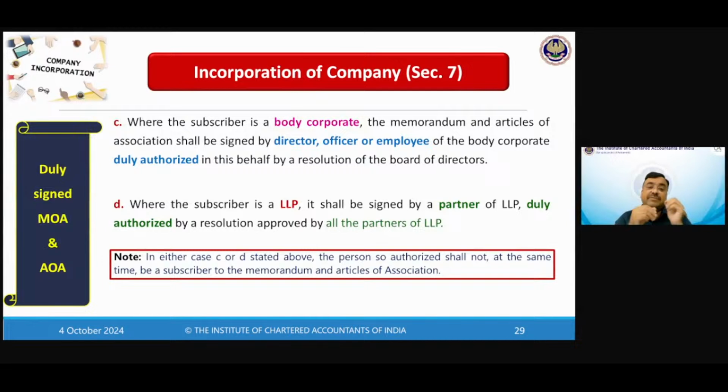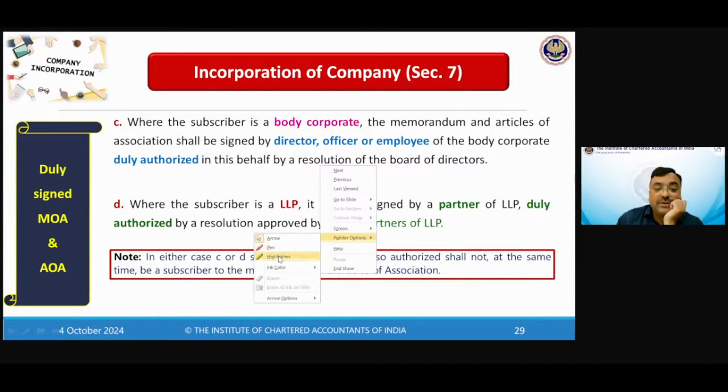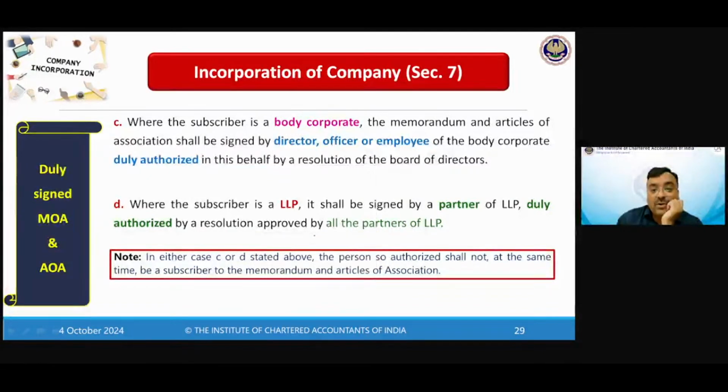But in case subscriber is a LLP, then it shall be signed by the partner, not an employee, not officer. That should be signed by the partner of LLP, and that is duly authorized by resolution, approved by all the partners, not majority, not two. It should be by all the partners.